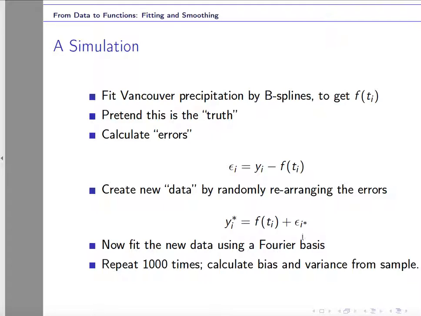After we get this randomly sampled error epsilon_i star, we add it to the true curve f(t), and we get the simulated data y_i. Then we fit this data by Fourier basis functions and get the estimated curve. We do this process 1,000 times and calculate the bias and the variance for this estimation.